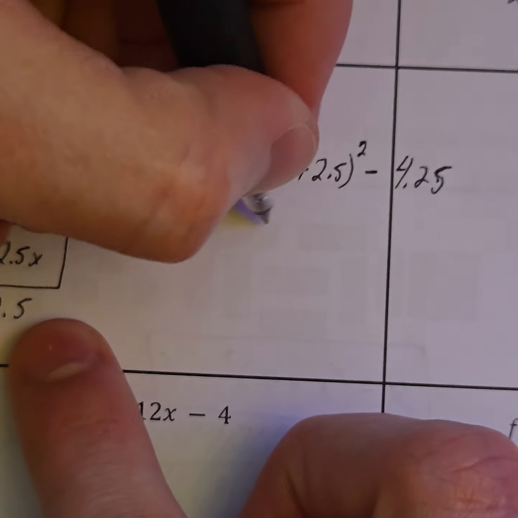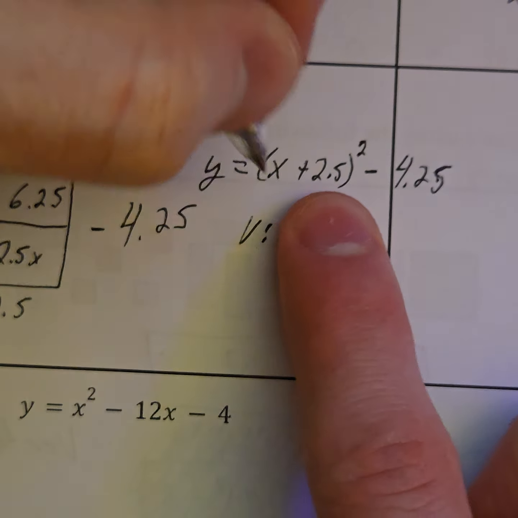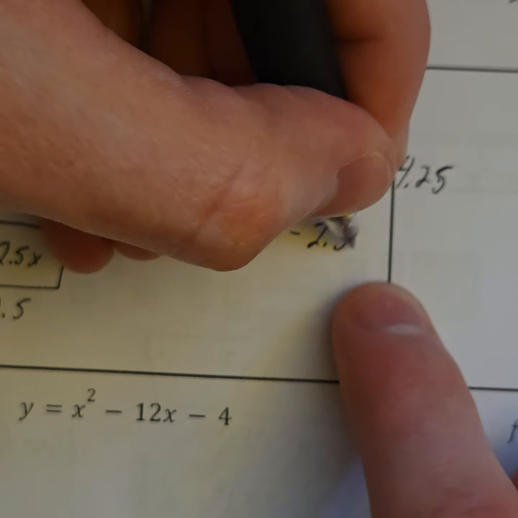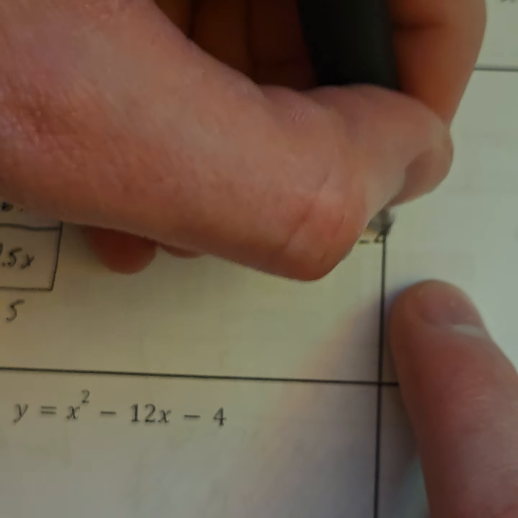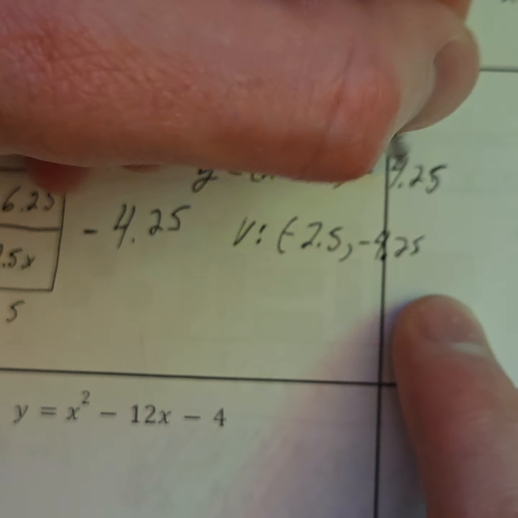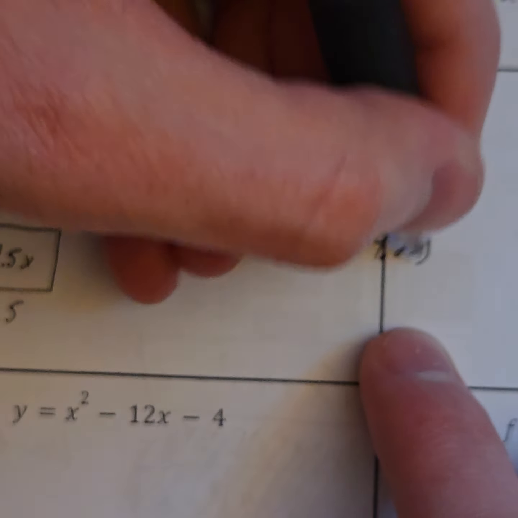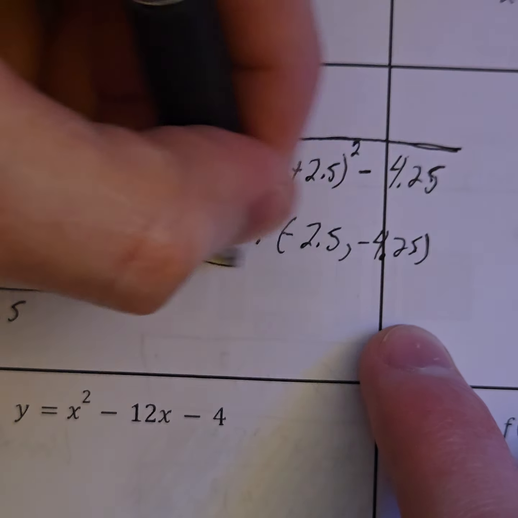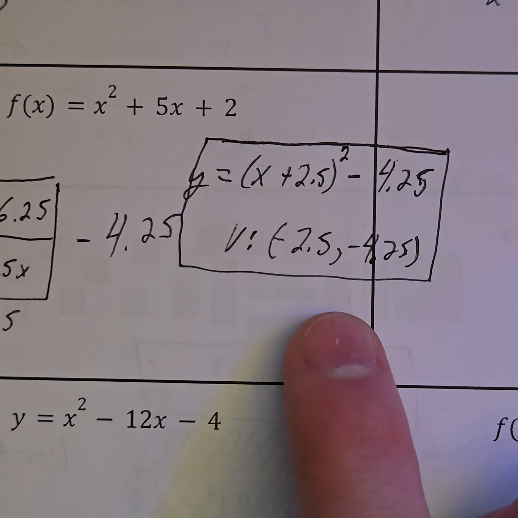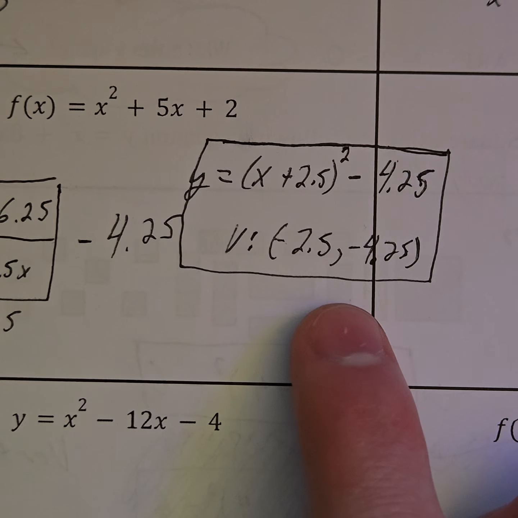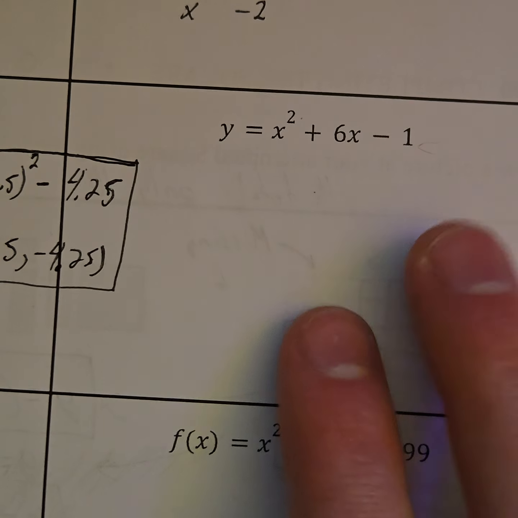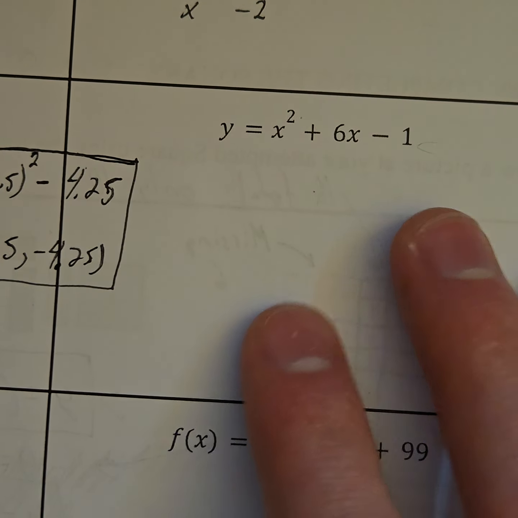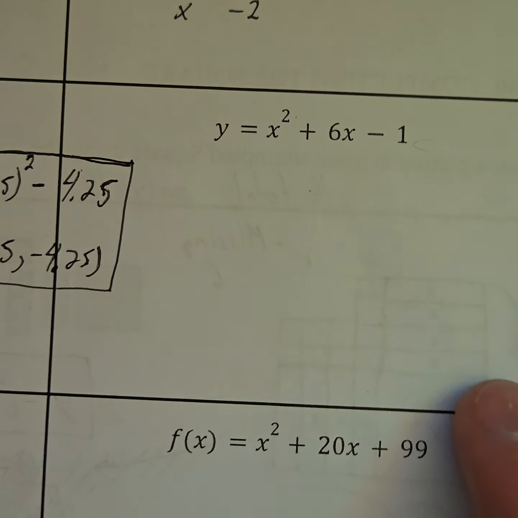And then our vertex would be at negative 2.5 and negative 4.25. There's your answer. All right, last one we'll go over in depth. Go ahead and make your box. Complete your square. Go ahead.